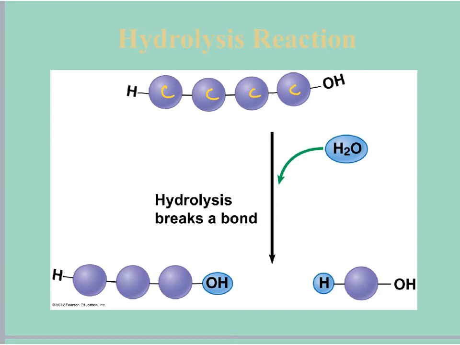And through a chemical reaction called a hydrolysis reaction, we're able to break down that polymer into a shorter polymer and a monomer. So in this reaction, this bond between these two carbons is broken, and what we have left is a 3-carbon compound, a 3-carbon polymer, and a monomer.